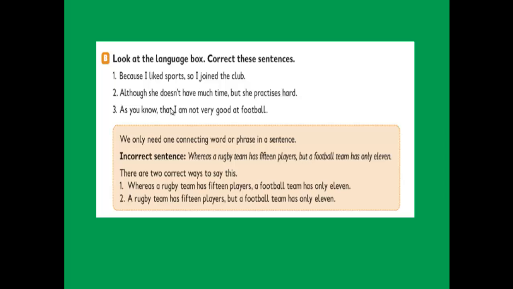In correcting the sentence, whereas a rugby team has 15 players, but a football team has only 11. Here, the sentence has 2 connecting words, which are whereas and but. So this sentence is incorrect.